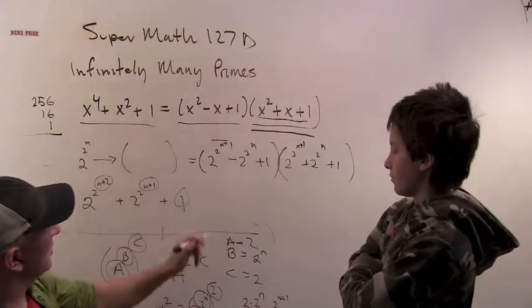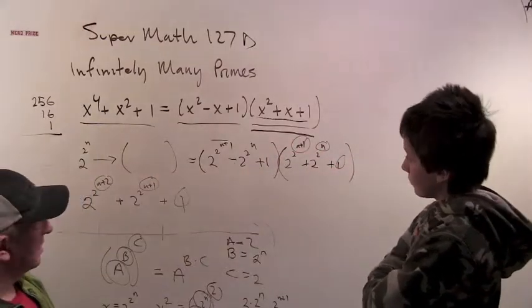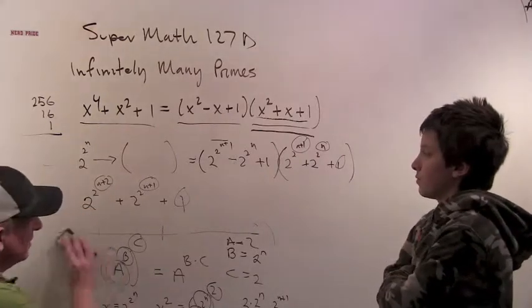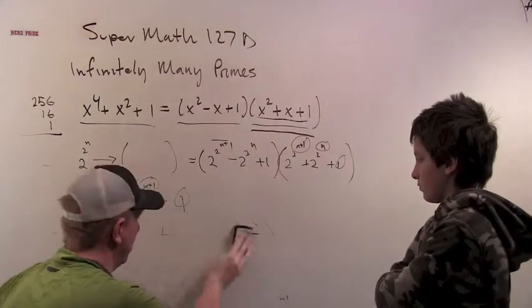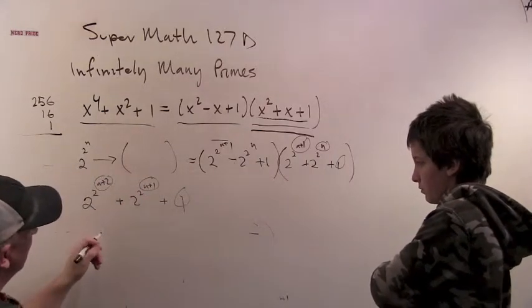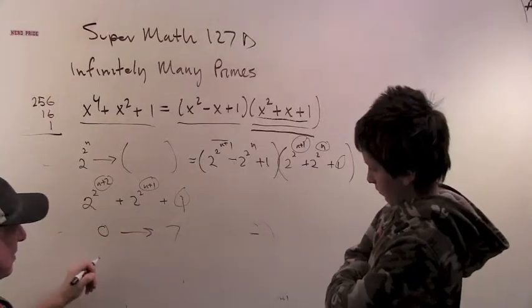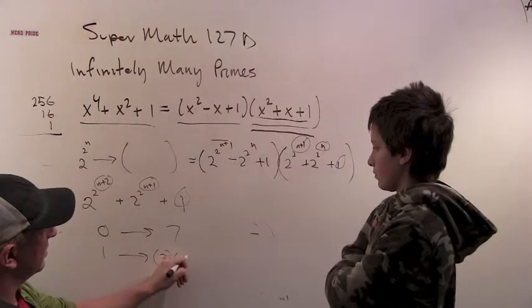This one goes n plus 1, n, and then a 1. So when I'm going up my towers of n, n equals 0 is where I start, and I got 7. When n equals 1, we got 3 times 7.